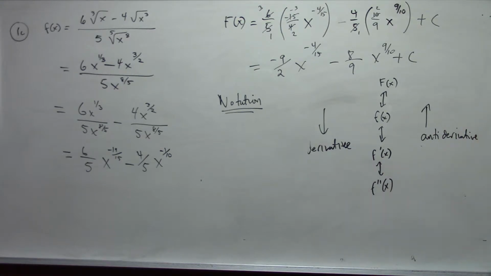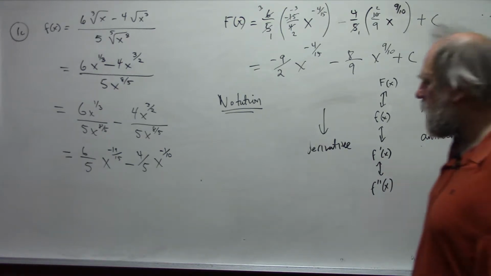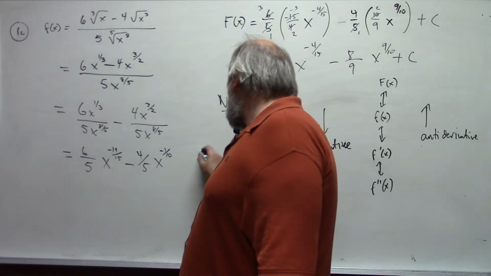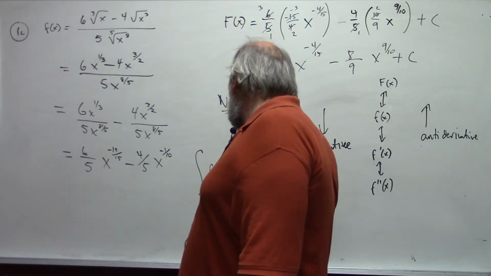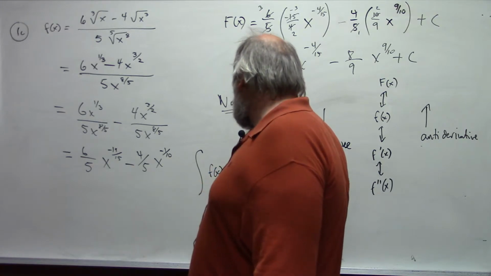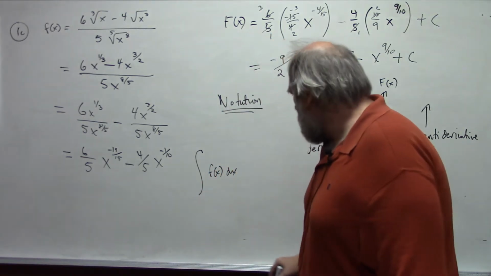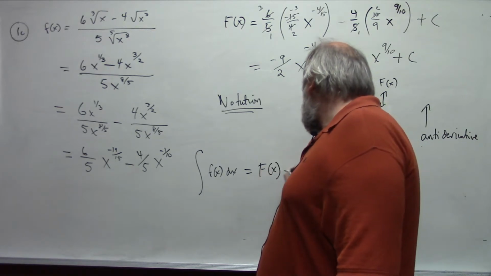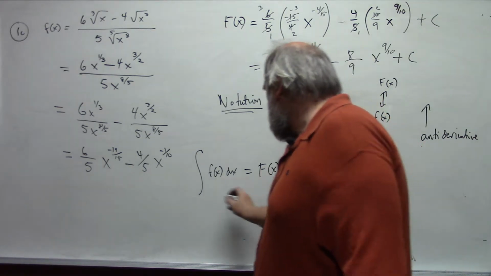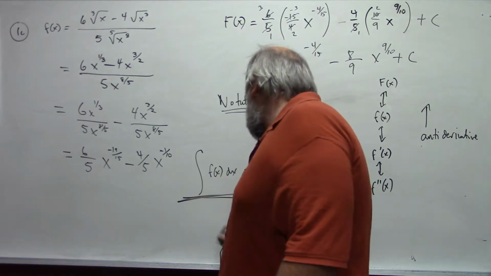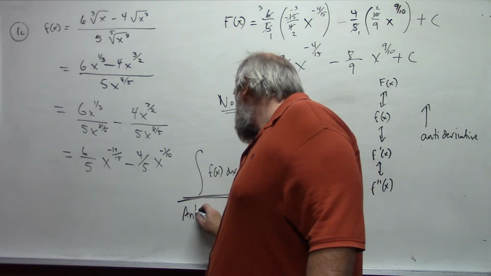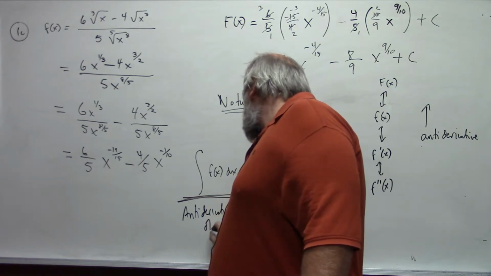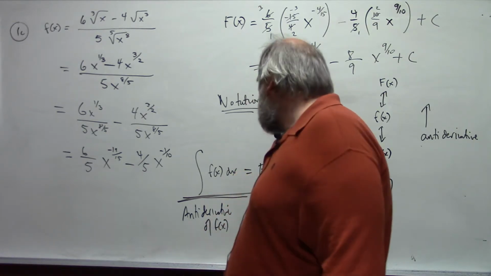And the notation that we're going to use is that the antiderivative of f of x is going to be written in this. This is called an integral form. And this is equal to capital F of x plus c. This notation means the antiderivative of little f of x.